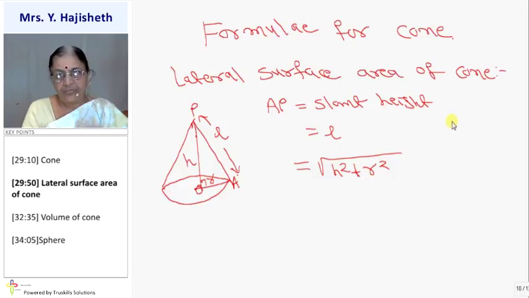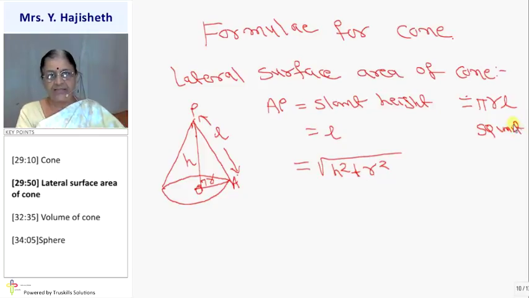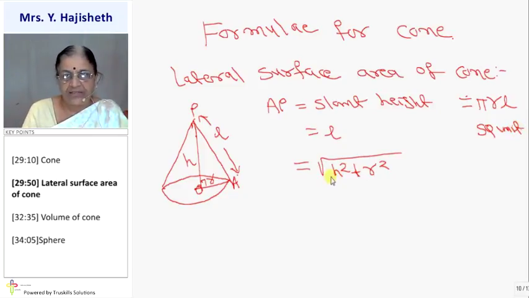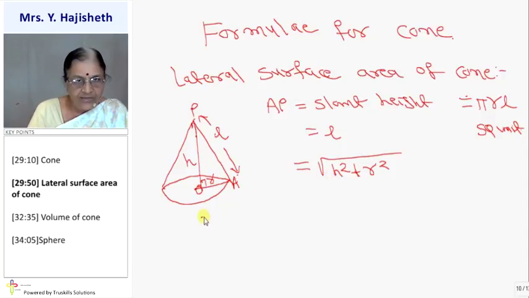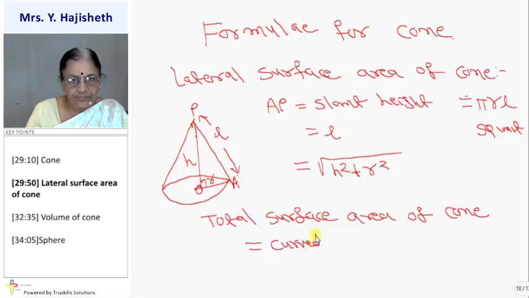So now lateral surface area of cone is given by the formula pi r L square unit, okay, where L is under root h square plus r square. And total surface area of cone is nothing but curved surface area of cone plus area of base.